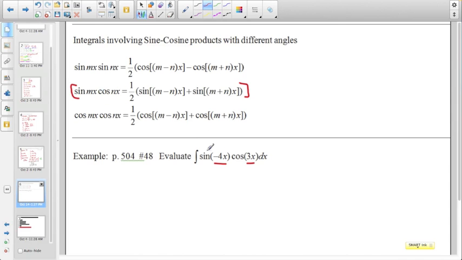And we're missing any powers, so we can't use the traditional identities that we think of when we think of trig functions. And so in this case, we have an m equal to a negative 4 and an n equal to a positive 3.